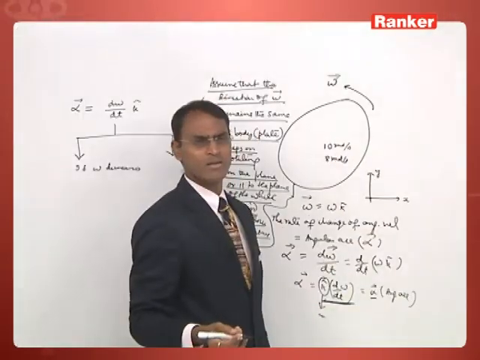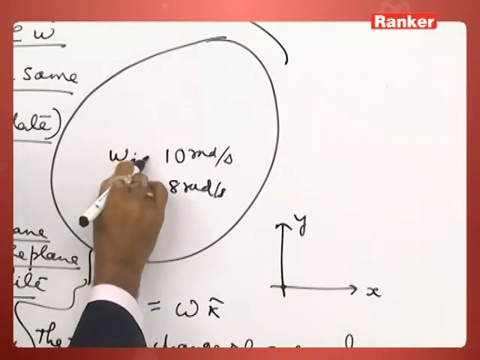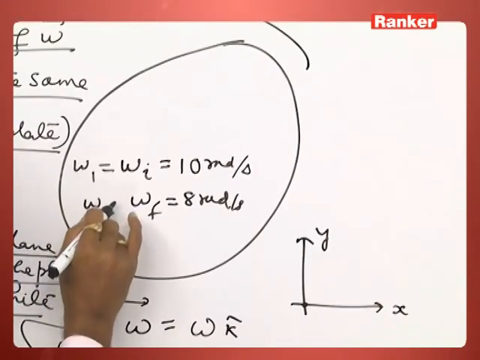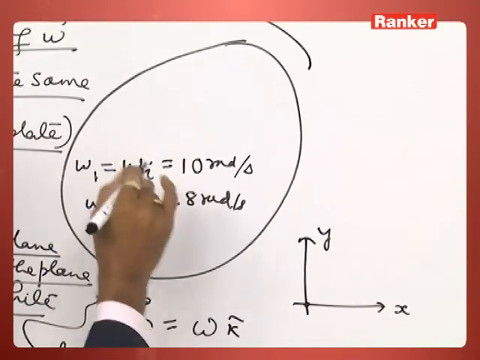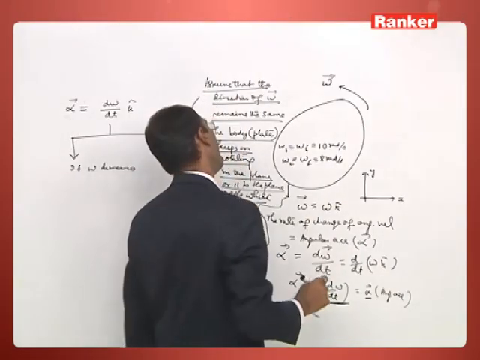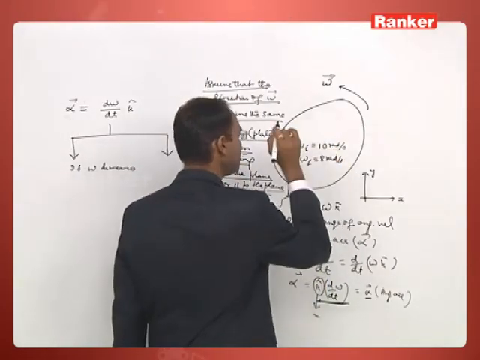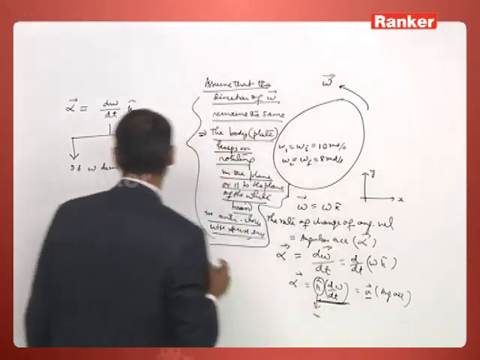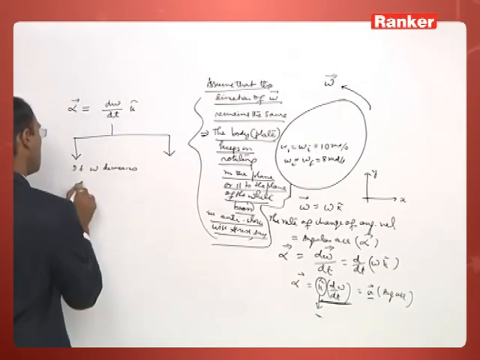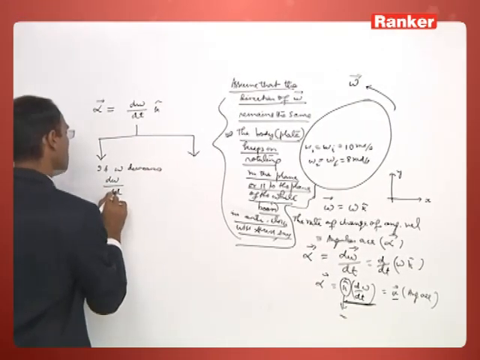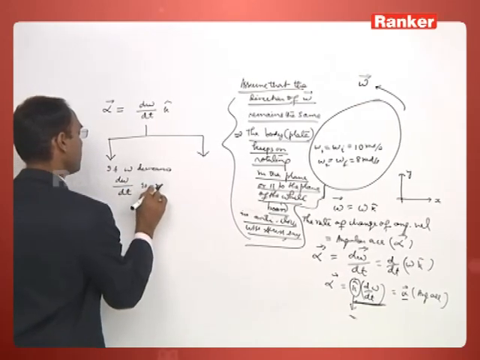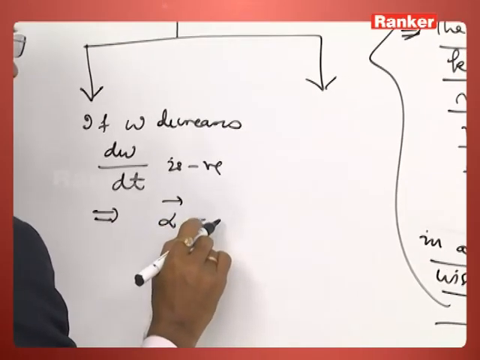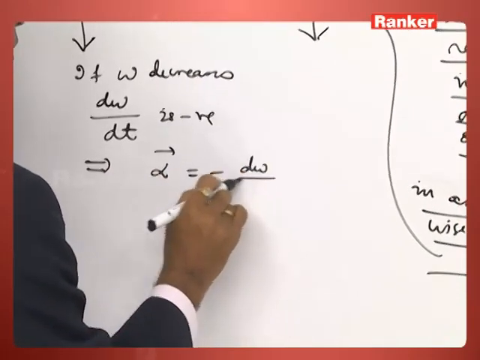What does it mean? This is the initial angular velocity, this is the final angular velocity, or this is omega 1, this is omega 2. You can write 1, 2, or you can write i and f for initial and final respectively. When the angular velocity decreases, what happens? Let us see. When omega decreases, d omega by dt, the difference, is negative. Therefore, alpha is equal to negative of d omega by dt.